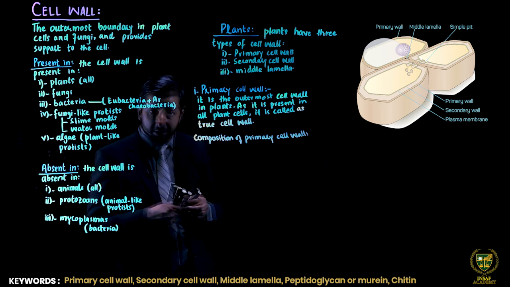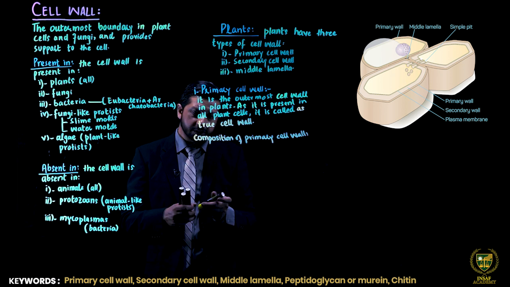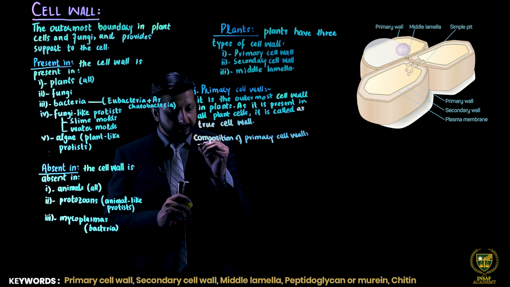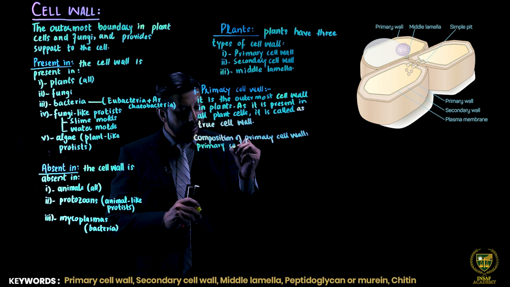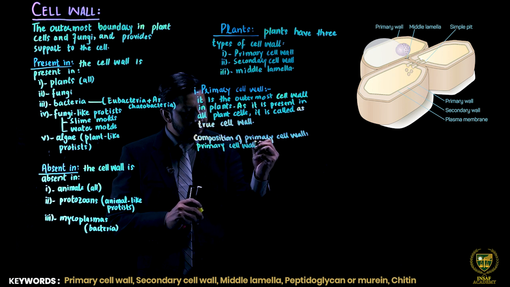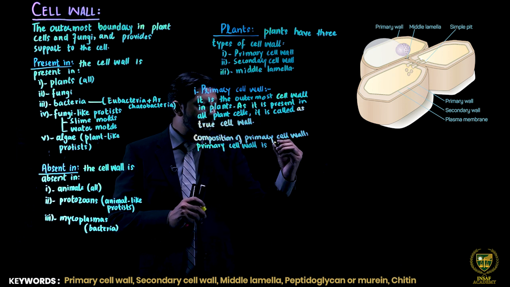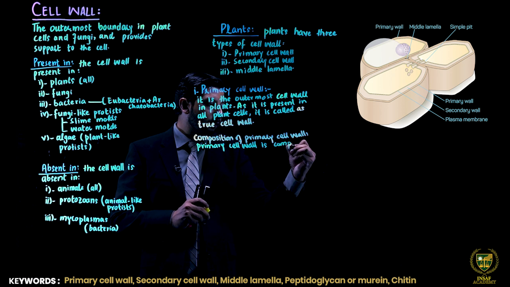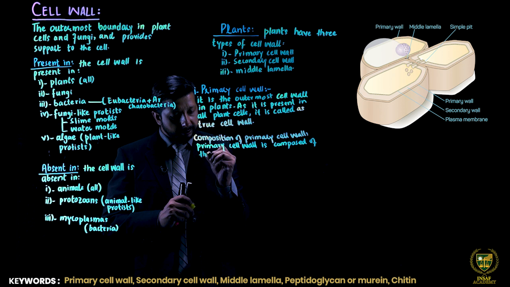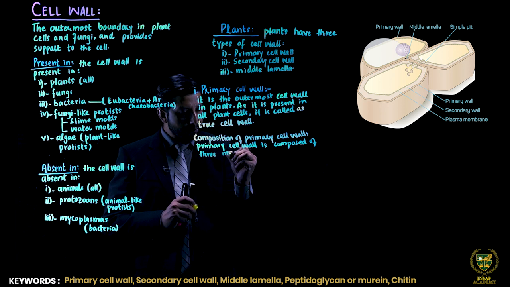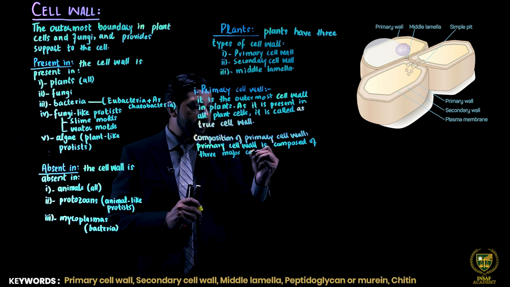So as far as its composition is concerned, dear students, the primary cell wall is composed of three major components.